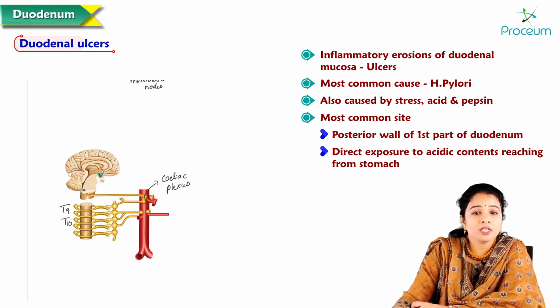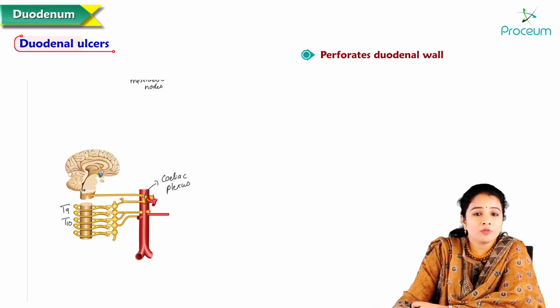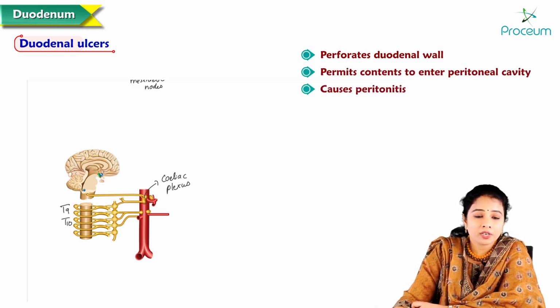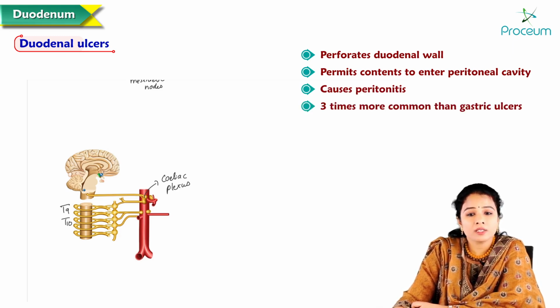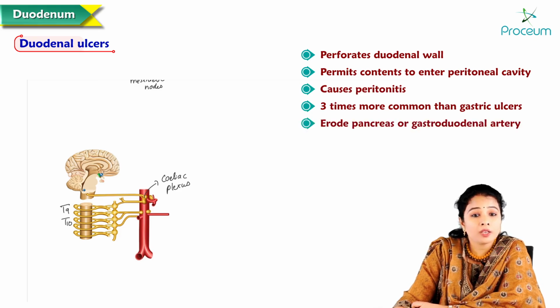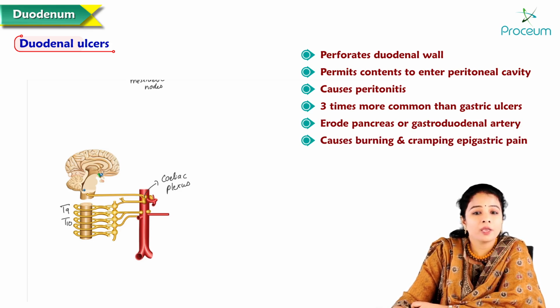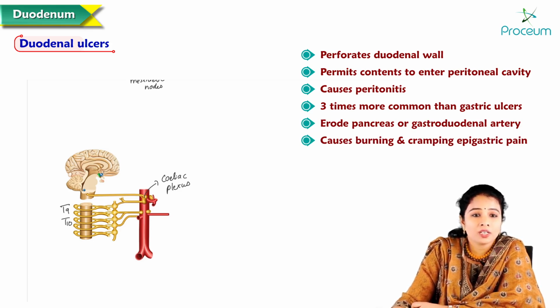And occasionally an ulcer perforates the duodenal wall, permitting the contents to enter the peritoneal cavity and causing peritonitis. Duodenal ulcer is 3 times more common than the gastric ulcers. Duodenal ulcer may erode the pancreas or gastroduodenal artery, causing burning and cramping epigastric pain. So that was about the duodenal ulcer.